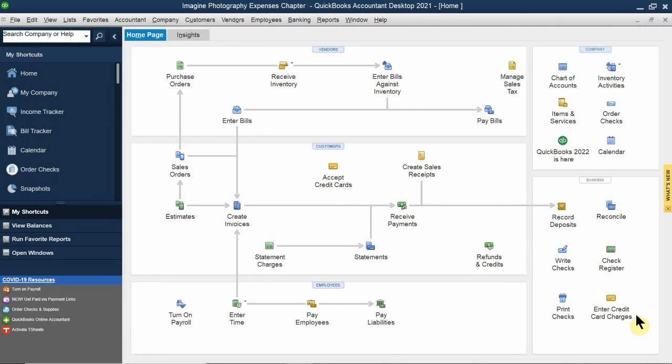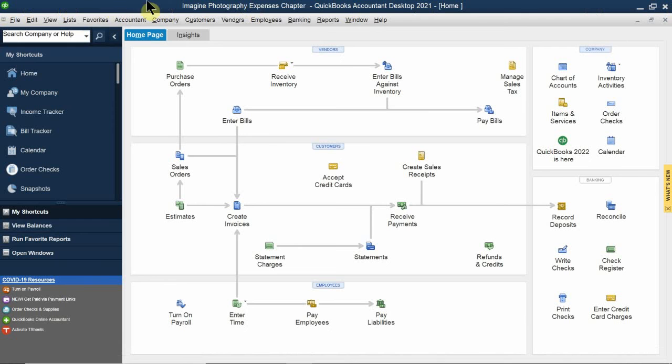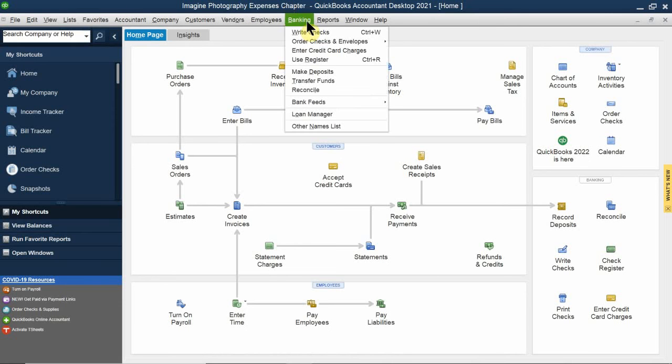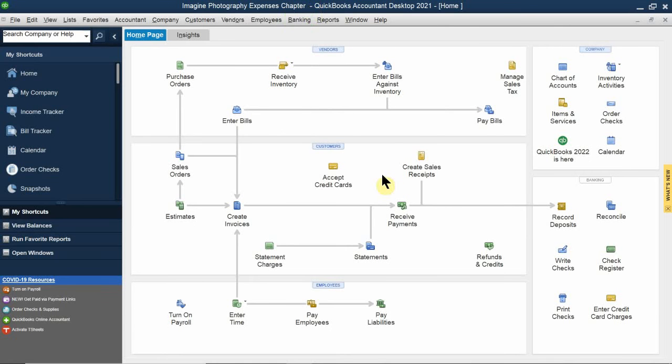And it has to be the legitimate bank's credit card. It can't be your personal one. If you go up to banking, you also have Enter Credit Card Charges as well. Those are the two ways that you can enter a credit card transaction.